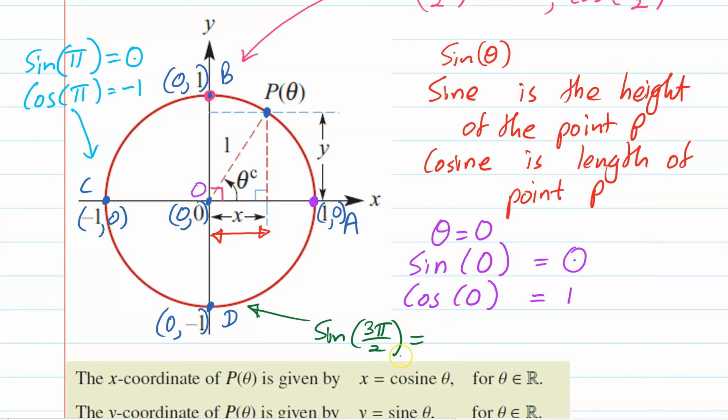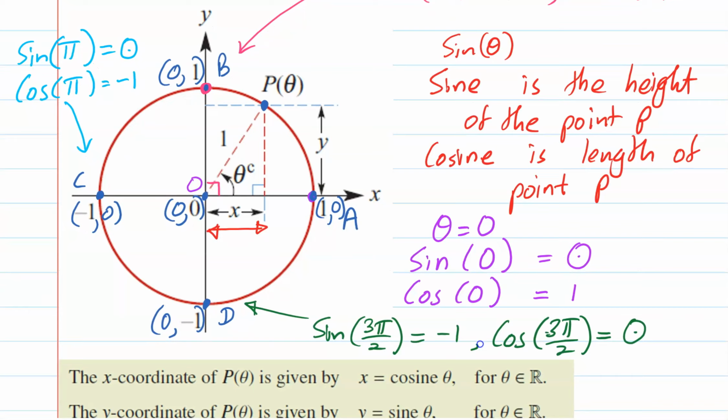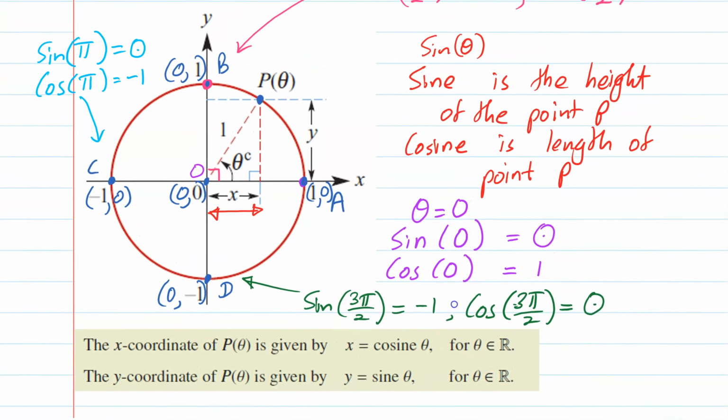Well, perfectly below the origin by -1. I'm going to ask you this. What is the cosine? What is the length away from the origin? Well, you're just below the origin, therefore no length horizontally.